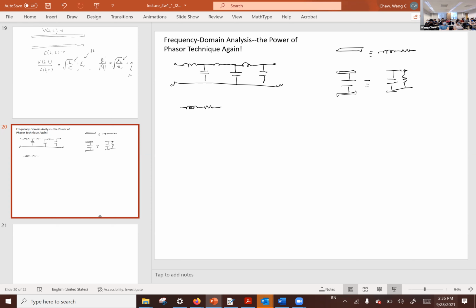It has a leakage that looks like this, so you can model it with a shunt resistor. The series resistor and the shunt resistor model the loss. So a proper model for a transmission line that is more general than what we have just learned will look something like this.